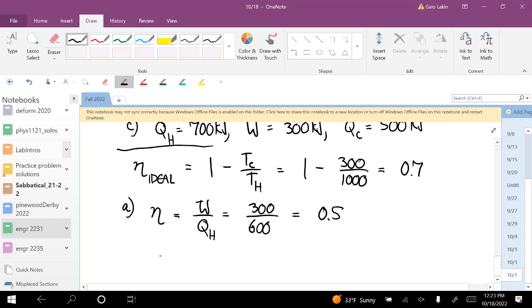Check the first law, and you get that 600 is equal to 300 plus 300. That works. Both of these combined tell you that the performance is less than ideal. So is this reversible, irreversible, or impossible? This has irreversibilities in it. It's not an ideal cycle.